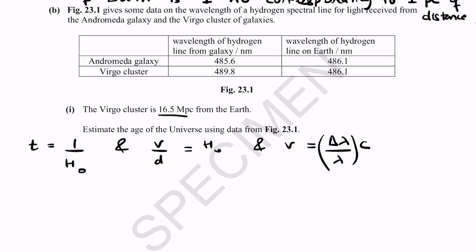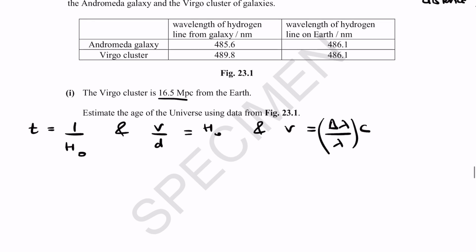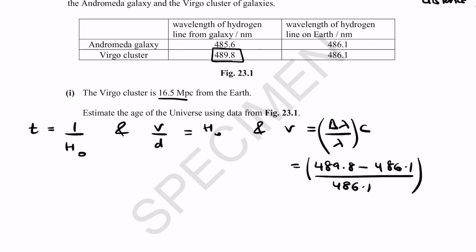So let's calculate v first. I'm going to use this one over here because this is receding, and so 489.8 minus 486.1 over 486.1 times the speed of light, which ends up giving me 2.26 times 10 to the 6 meters per second.